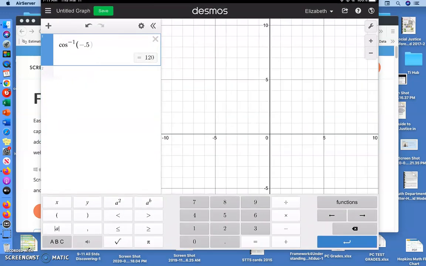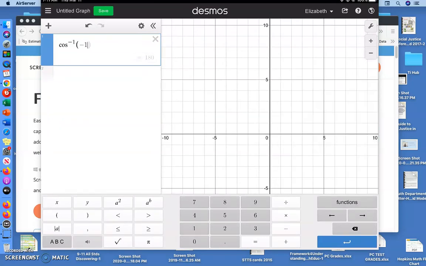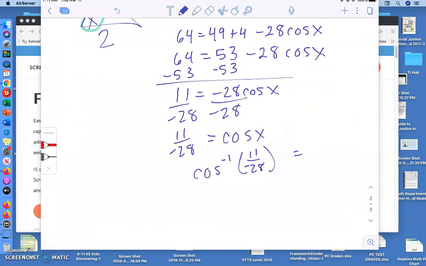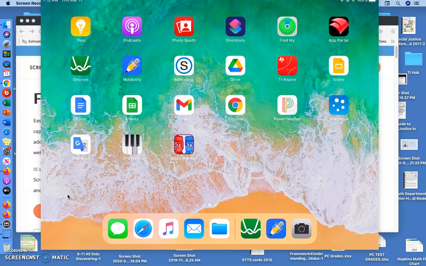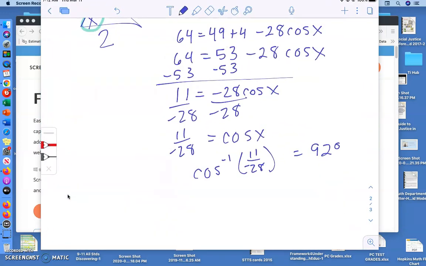Let's see, make sure I get the inverse this time. So we have 92 degrees. If I double check that, I didn't think I had the right, negative 11 over 28, so 113 degrees. My bad.